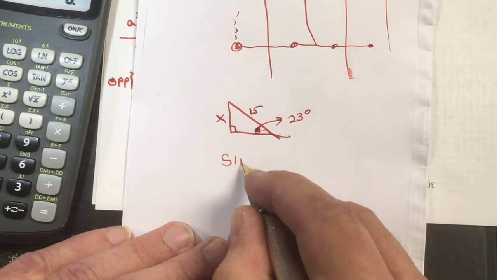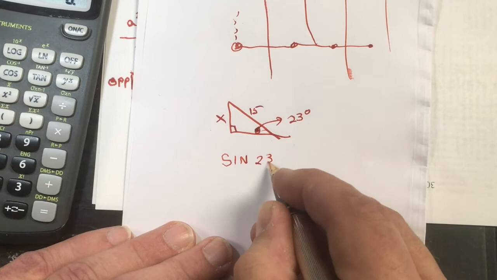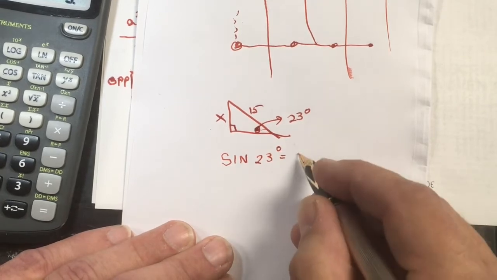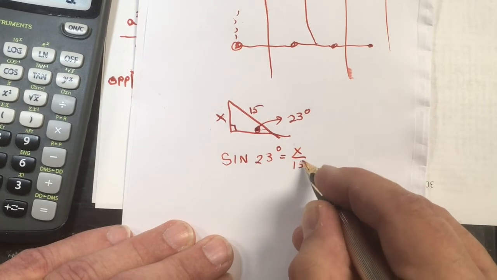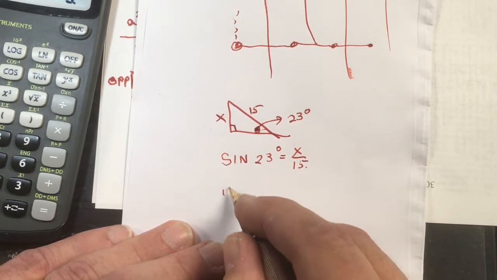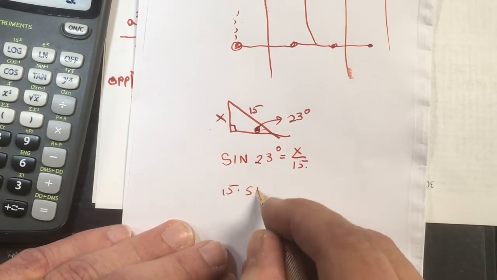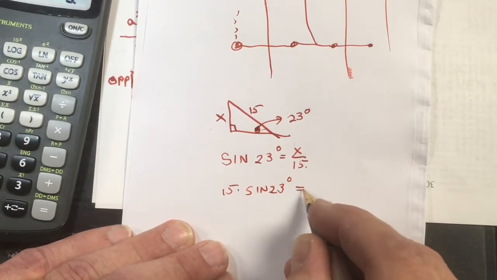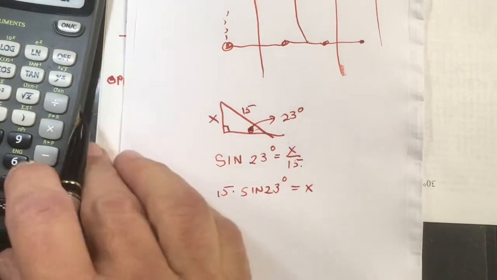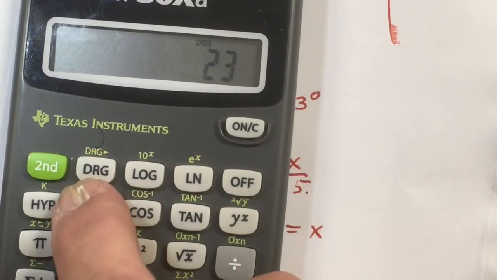So sine of 23 degrees is equal to the opposite over the hypotenuse. In this situation, you're going to multiply 15 times the sine of 23, and that's going to be equal to x. What part is confusing? This 23.